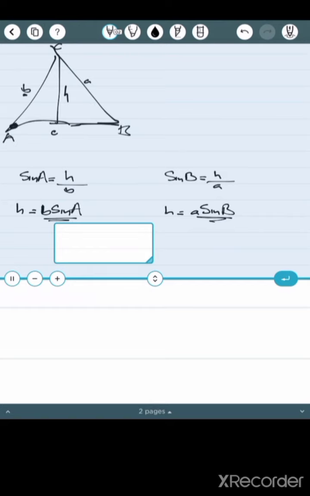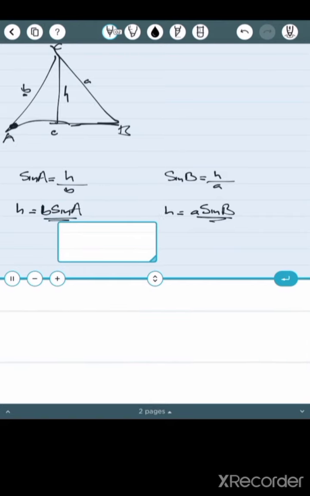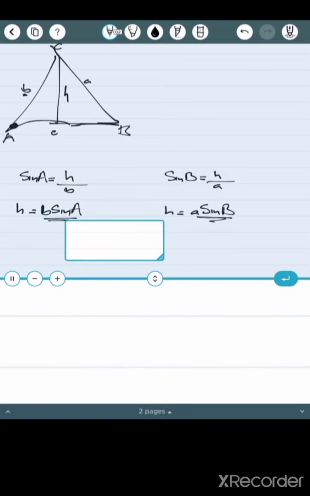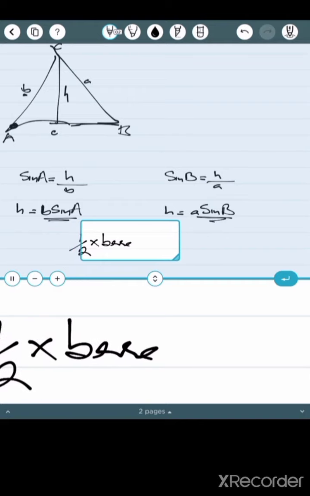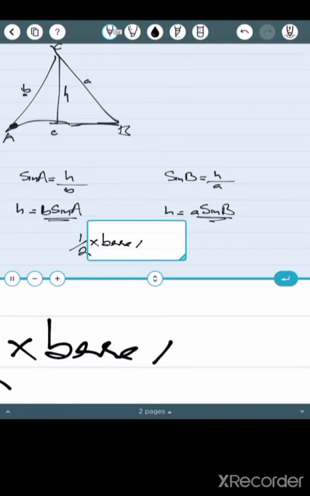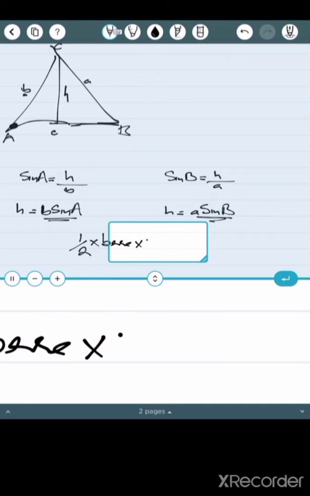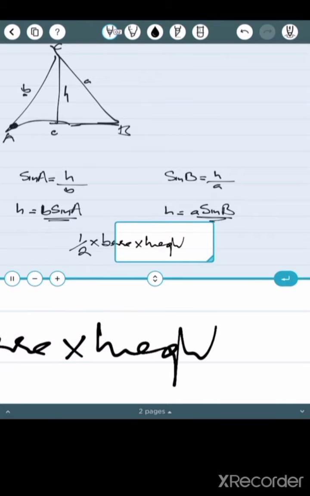So from here we could come up with the formula for the area of a triangle, since we know that the area of a triangle is a half base multiplied by height.